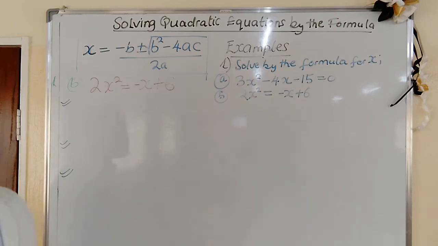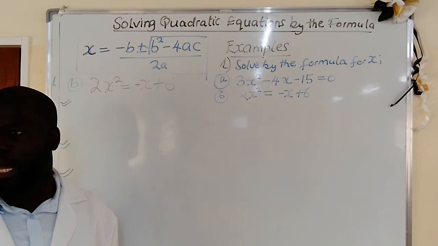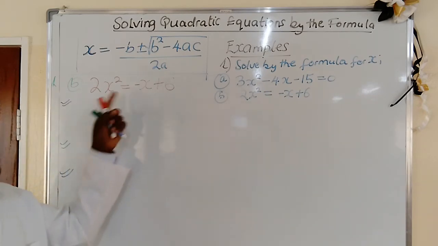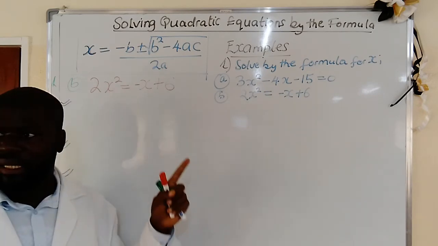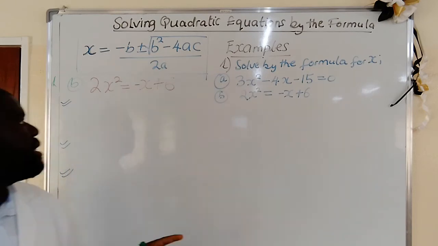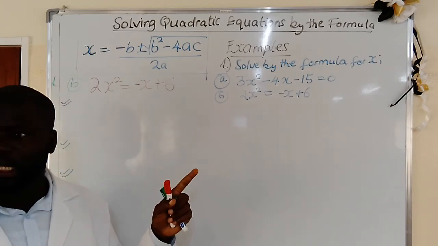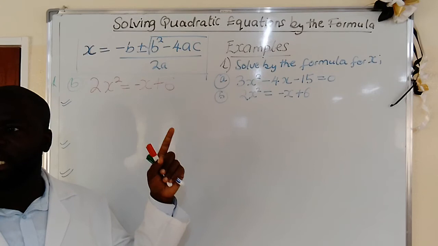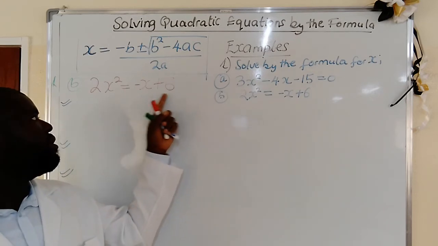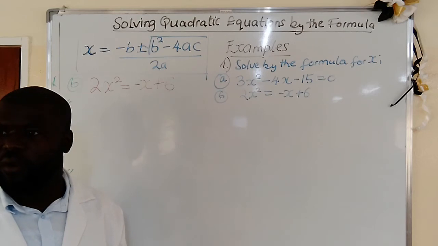So we need, as usual, to find the values of a, b, and c, so that we can substitute in our formula. Now, the way our question is, we are not going to get the values of a, b, and c before the question has been rearranged into the original form.